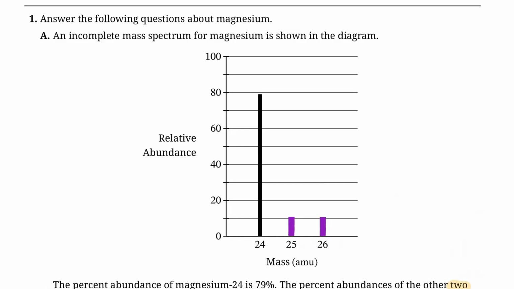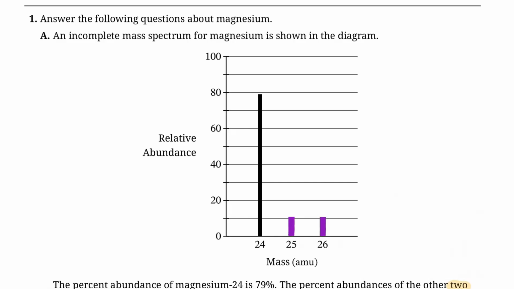So number one, what we have here is an incomplete mass spectrum. You can see my solutions here, where they wanted you to fill in what the relative abundance would be for the other isotopes for magnesium. Mass spectroscopy is measuring the relative abundances of all the different forms of the same element, and they differ by their neutrons.